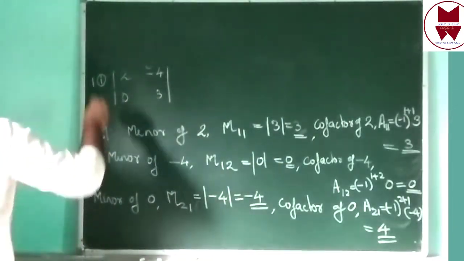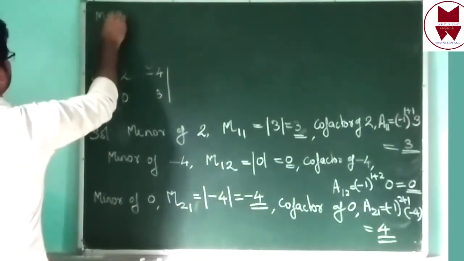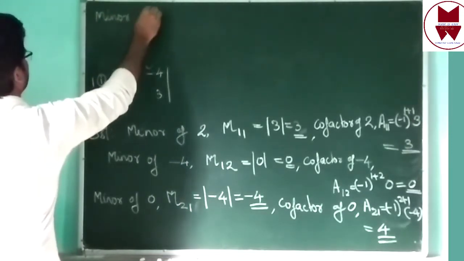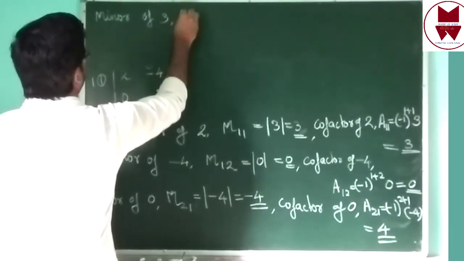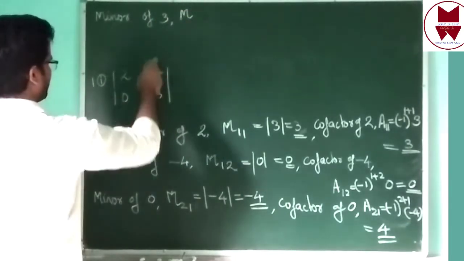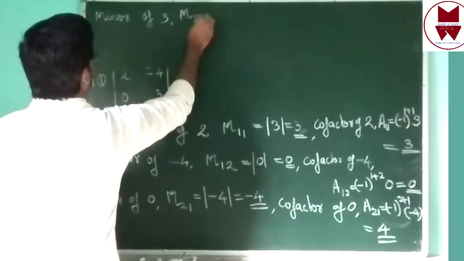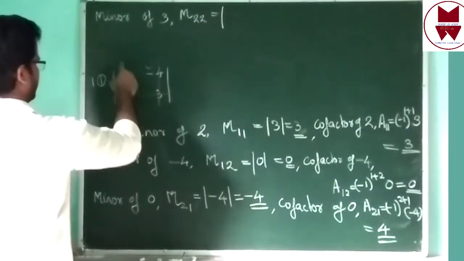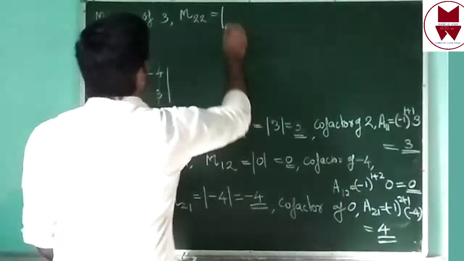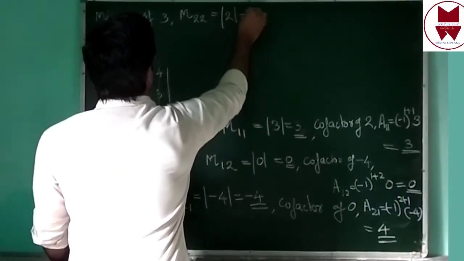Then next, minor of next number, 3. That is M second row and second column. M22 equal to determinant. Just leave it; what is remaining? Only 2. Determinant of 2 equal to 2.